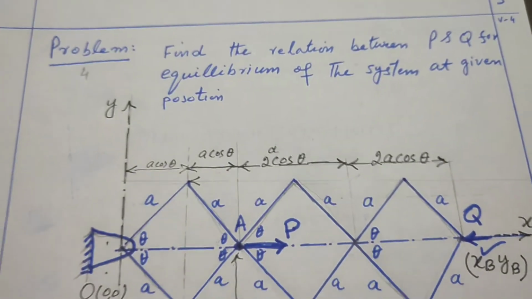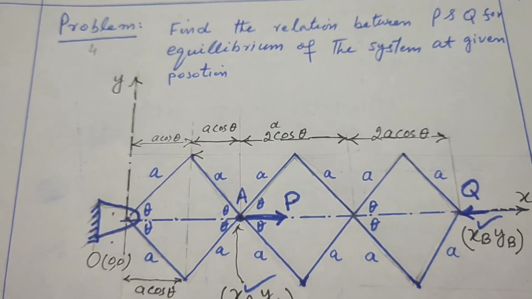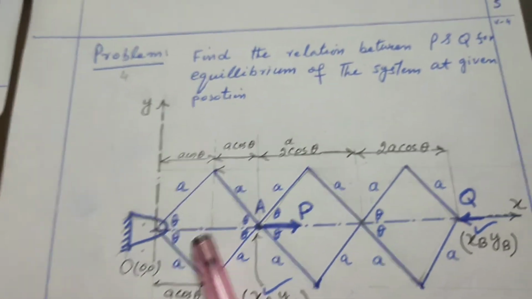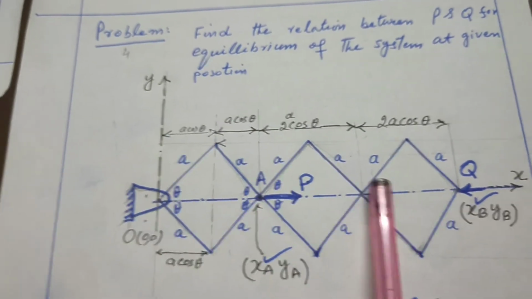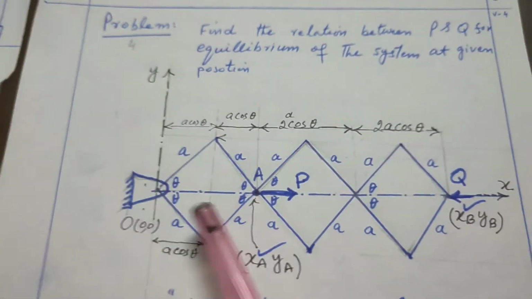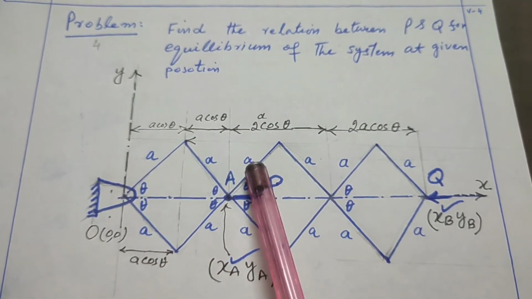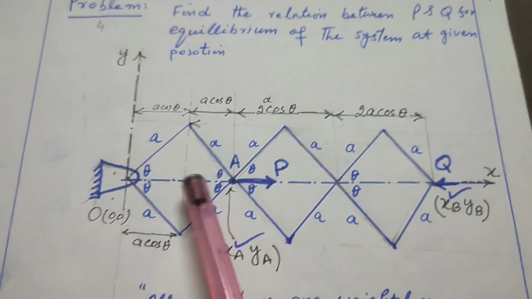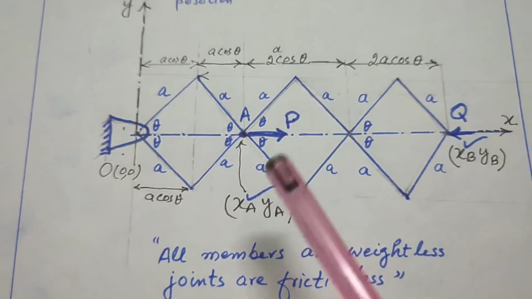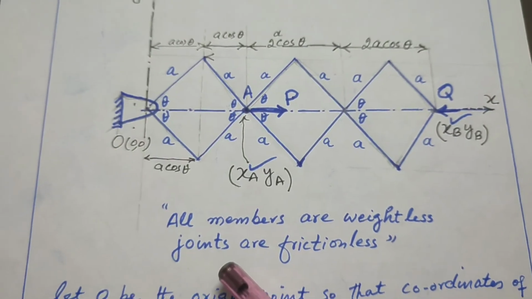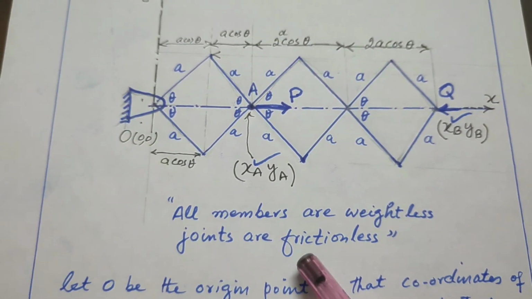This problem is a last problem. This mechanism has 3 loops, and the bars, the distance is given, theta is also given, all members are weightless, joints are frictionless.